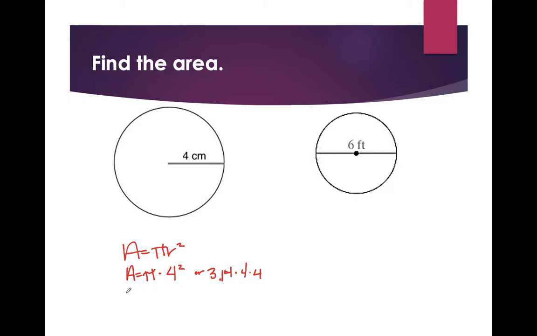So if you type that into your calculator, 3.14 times 4 times 4, you should get 50.24. Now since this is area, remember area measures square units, because it's two-dimensional, so we put centimeters squared for our answer, 50.24.